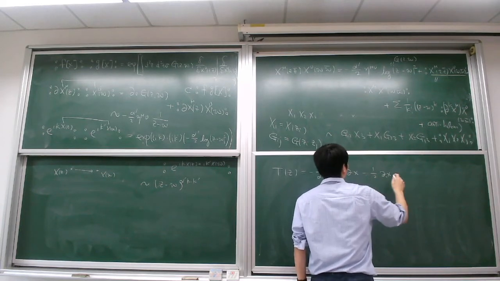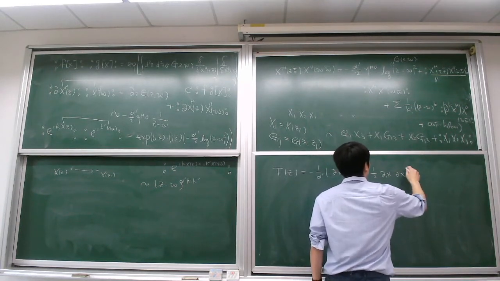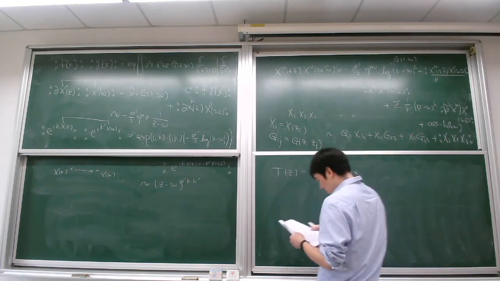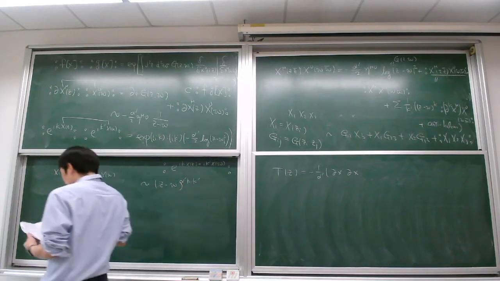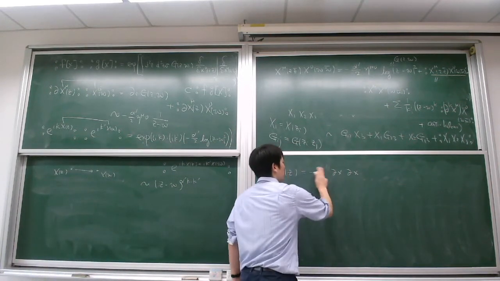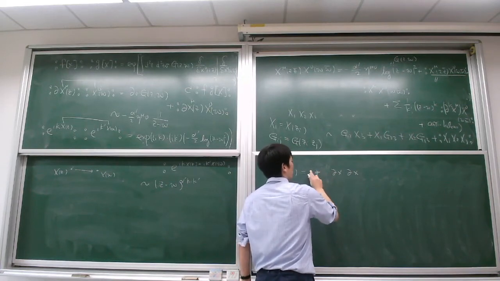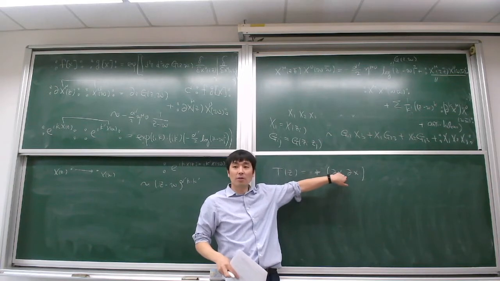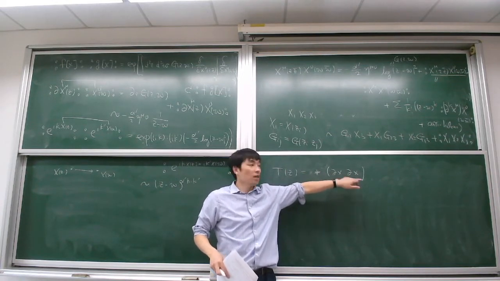Anyway, sorry. I think if you consider only the holomorphic part, essentially up to some constant, you have this operator, up to some constant, the holomorphic derivative of X squared. So this is the operator.